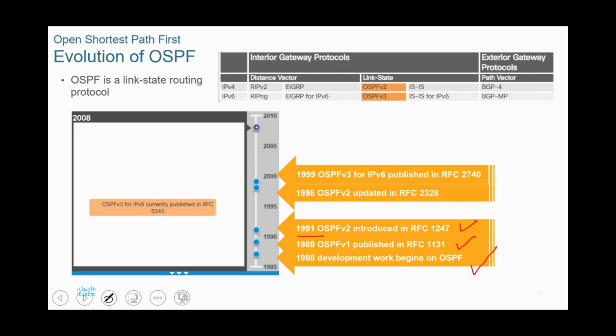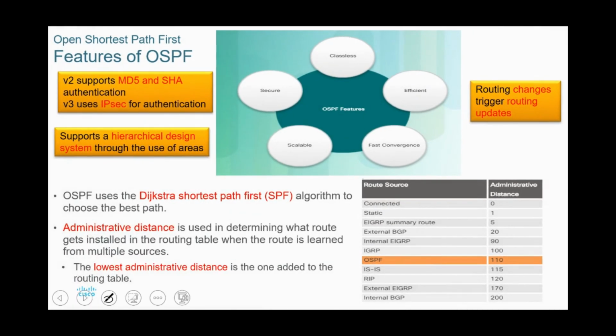A revised version was introduced in 1998, OSPF version 2 updated in RFC 2328, and the latest one until now is published in RFC 2740, which is OSPF version 3 that can support IPv6. Okay, so these are the evolutions of OSPF.